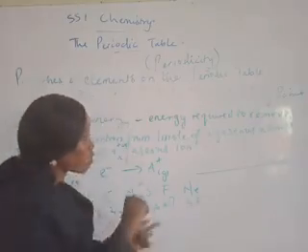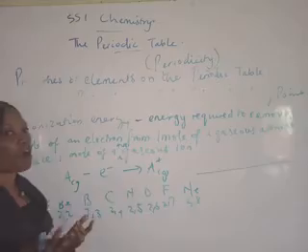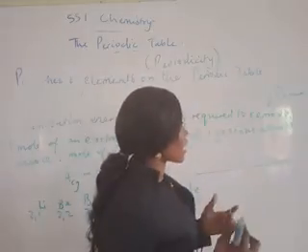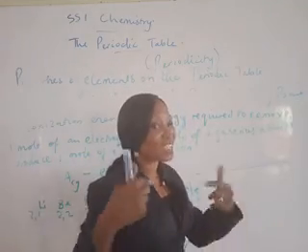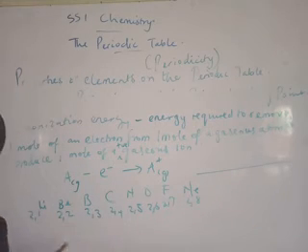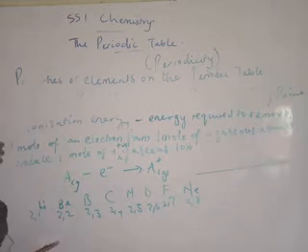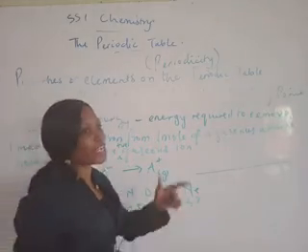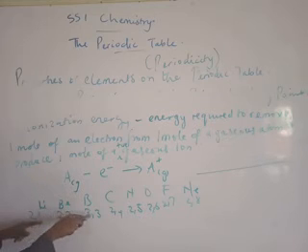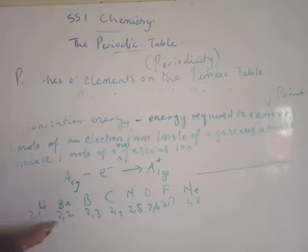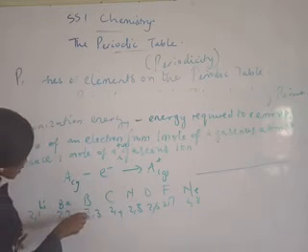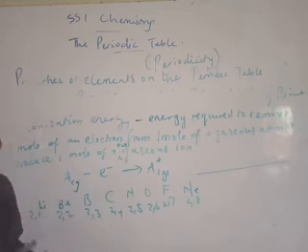So when electrons are being added, there's something called nuclear charge. Nuclear charge is a kind of attractive force that is present at the nucleus of every atom. Now, as more electrons are added to each of the atoms, nuclear charge increases. And when it increases, as more electrons are being added, it keeps pulling the electrons to the center of the nucleus.